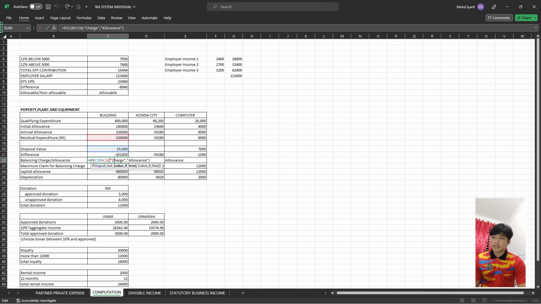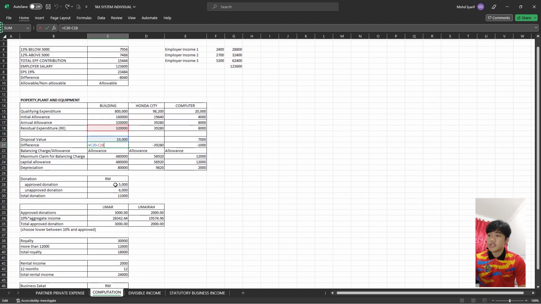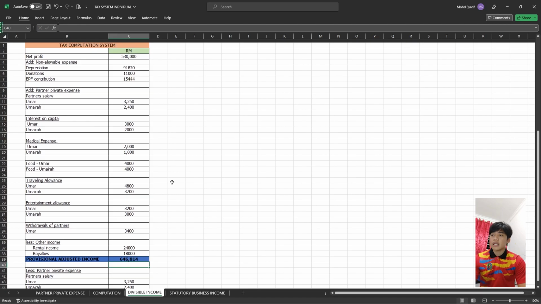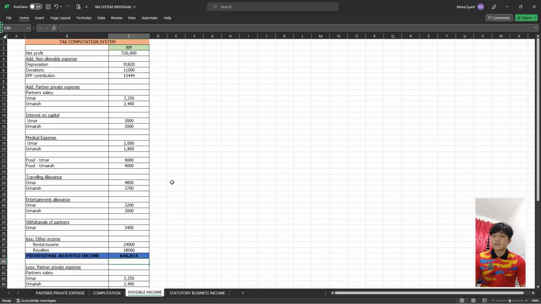For the donation, it is approved donation, and basically we just total it. This donation is for the future measurements. For the main part, we need to see the divisible income, which is the net profits add non-allowable expense and less other income.